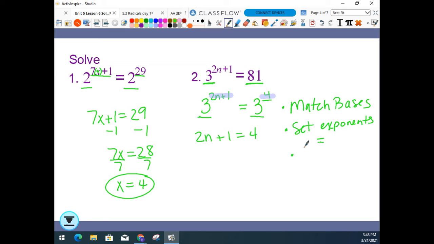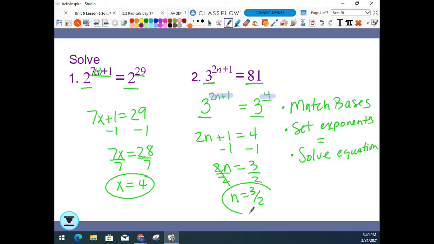And third step, solve the equation. So get n by itself, subtract 1 from both sides, divide by 2, n equals 3/2.